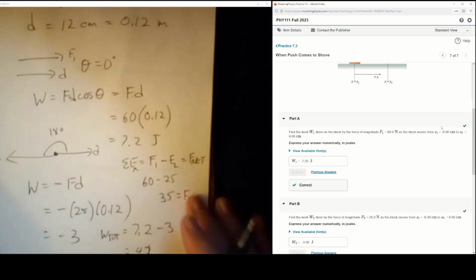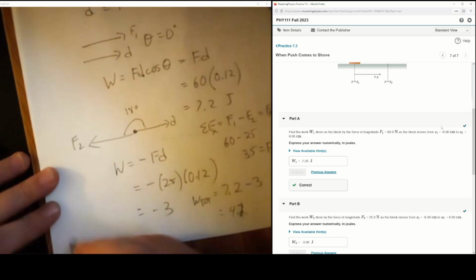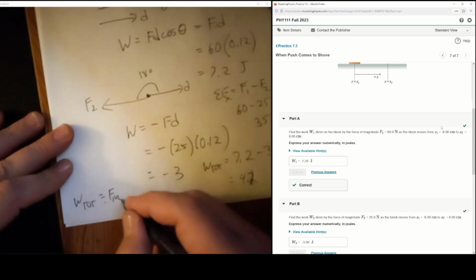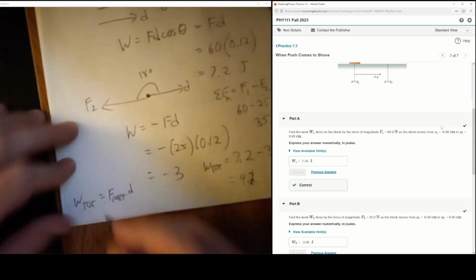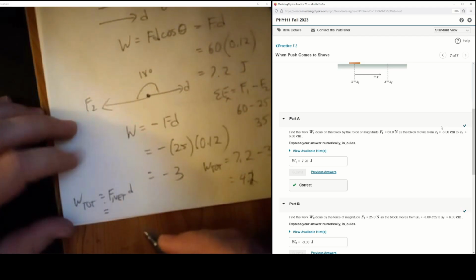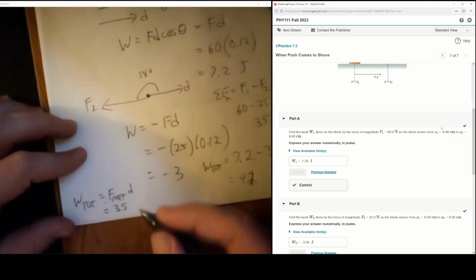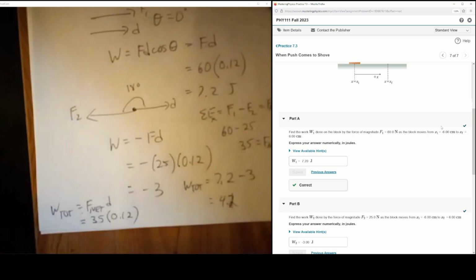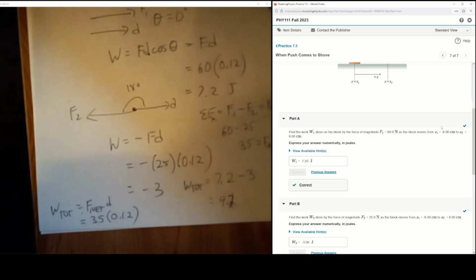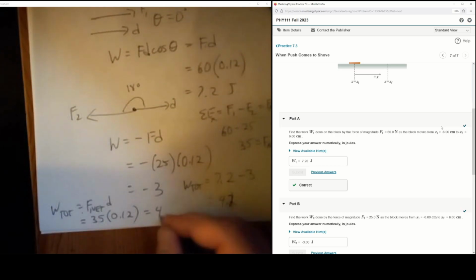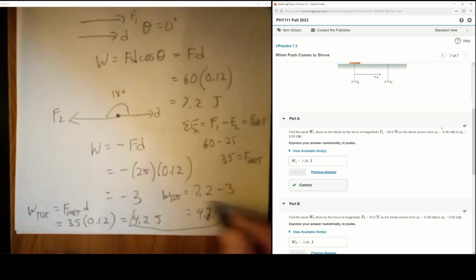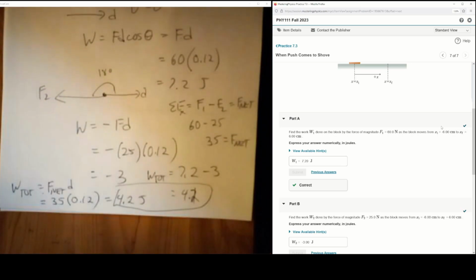Then the total work is equal to the net force times displacement. The net force is 35, and our displacement is 0.12, which equals 4.2 joules, as it should, because both of these ways should get you the same answer.